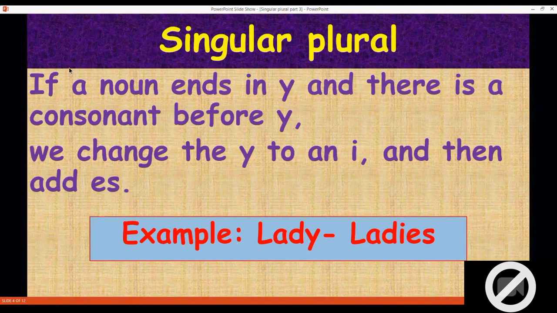Now listen, I am explaining one more time. If a noun ends in Y and there is a consonant before Y, then we should change the Y and add IES to convert it into a plural.